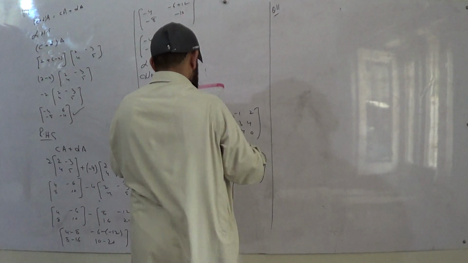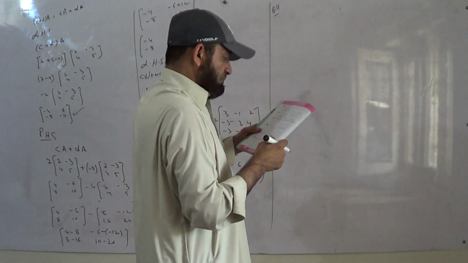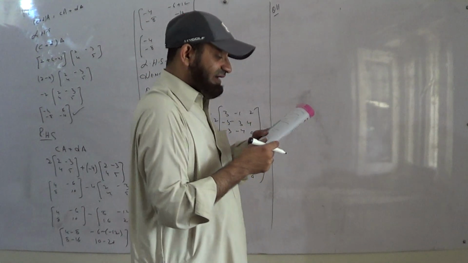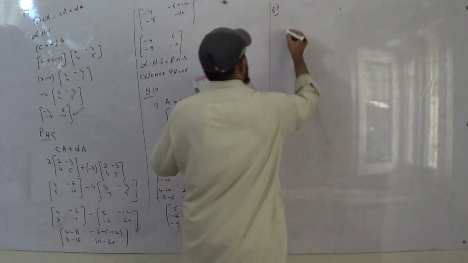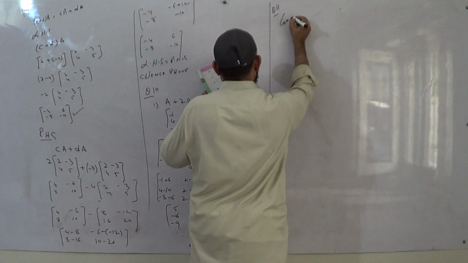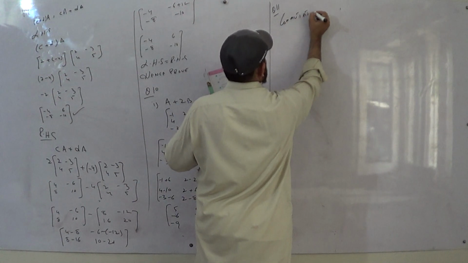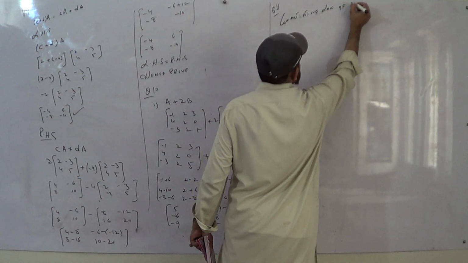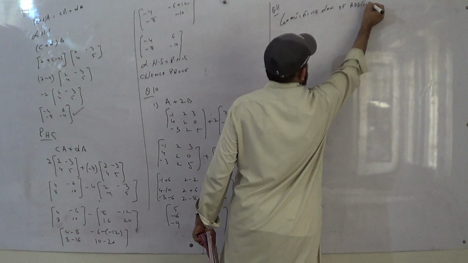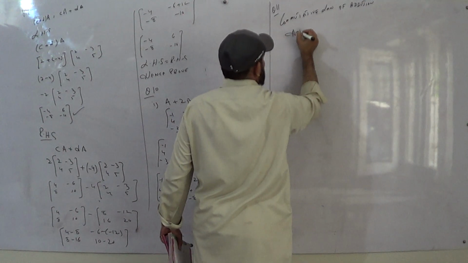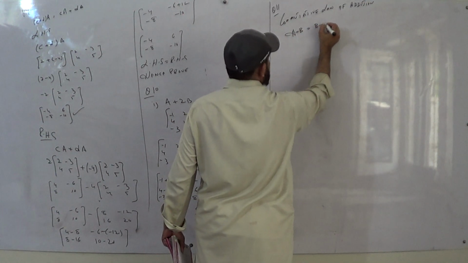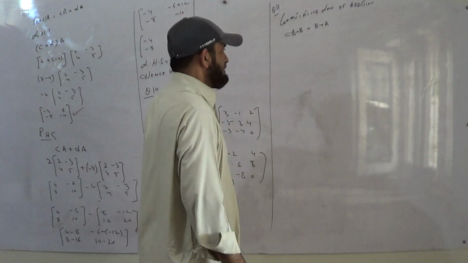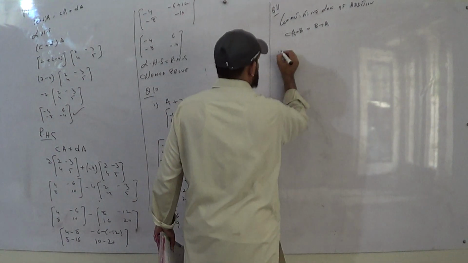Now here said A and B are given. Prove that the commutative law of addition holds. Commutative law of addition: A plus B equal to B plus A. First we take the left hand side.